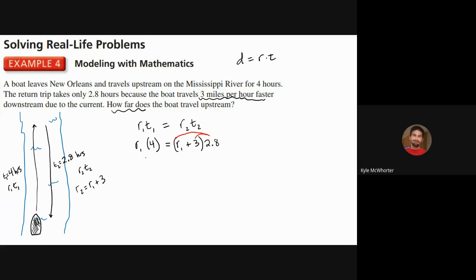So we get 4R1 equals, and then we distribute here. 2.8 times R1 is just 2.8R1, plus 3 times 2.8 is 8.4.